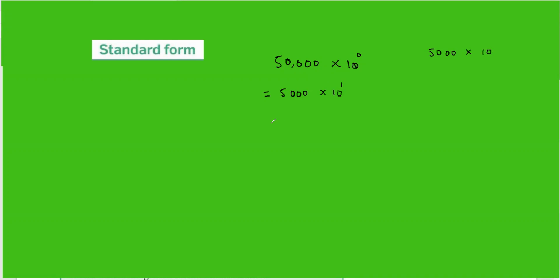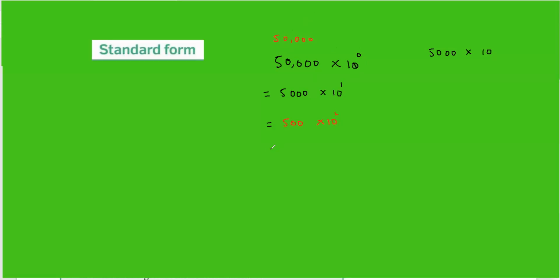This would be the same if I write 500 times 10 squared. Yes, 500 times 10 squared is the same as 50,000. We started from 50,000, and I wrote it as 50,000 times 10 raised to power 0.